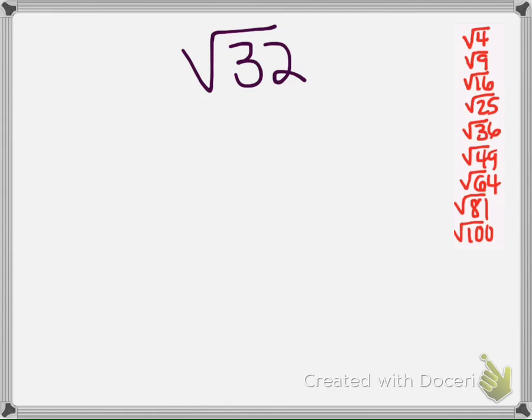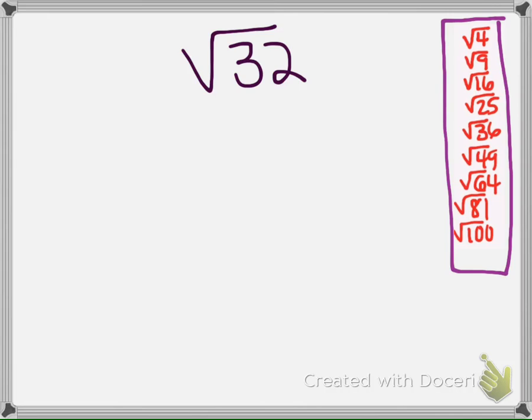Alright, so the square root of 32 is not a perfect square. So we need to take a look at our list here and think of what number on our list goes into 32. So we could pick 4, and we could also pick 16. It doesn't matter which one. So let's say we picked 4.